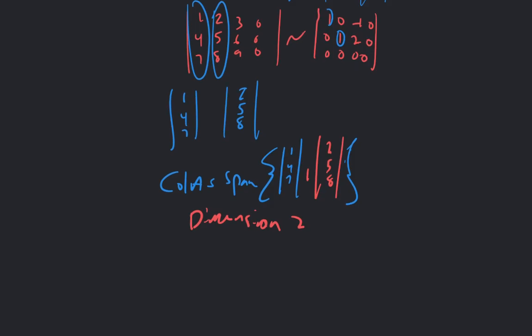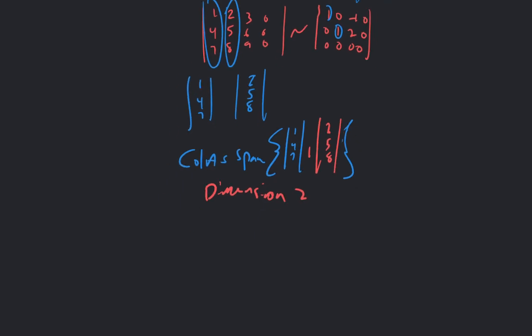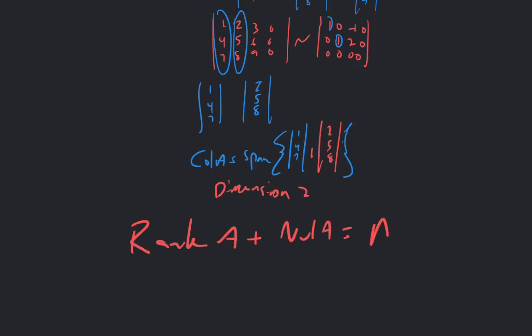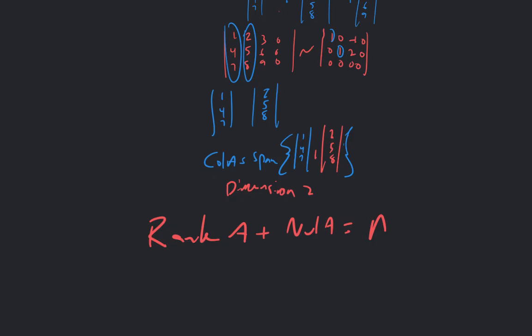Later on I'll talk about this thing called the rank-nullity theorem, I think is what it's called, which says that the rank of A plus the nullity of A is equal to n, where n is the number of columns.